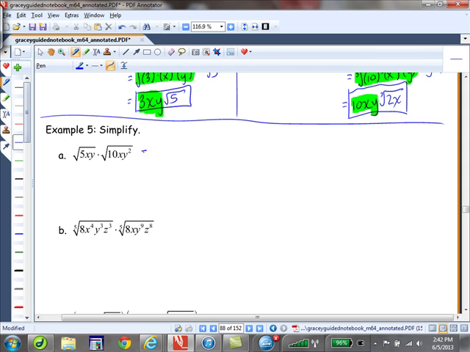I am going to go ahead and write it as 1 square root. So we'll have 5xy times 10xy squared. That y squared I'm going to leave alone because it's a square root. 5 times 10 is 50. Okay, so this is 50 x squared y squared times y.